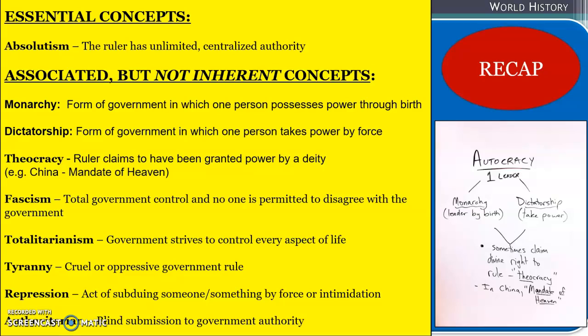I just put these terms out to remind you. Absolutism is an essential concept when we talk about autocracy, but the associated, though not always inherent, concepts are monarchy, dictatorship, theocracy, fascism, totalitarianism, tyranny, repression, and authoritarian. You can take some time to look through those later if you want to look back through those slides.